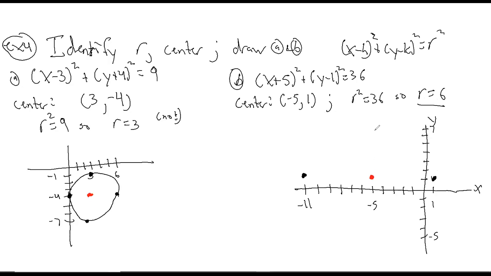Going up 6 from a height of 1 puts us at a height of 7, back to the center. Going down 6 puts us at a height of negative 5 when we start at 1. So there's our plus sign looking thing, but we make our circle with that. And that's probably the worst one I've done, but you get the idea.